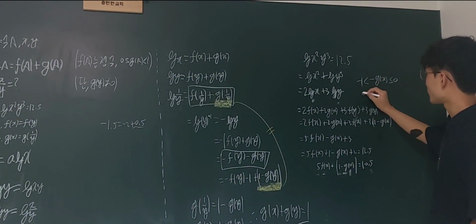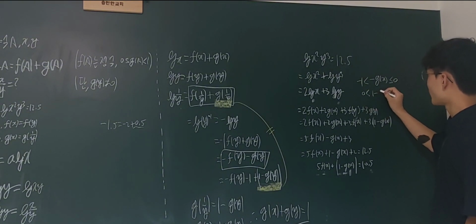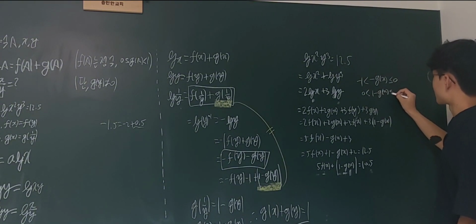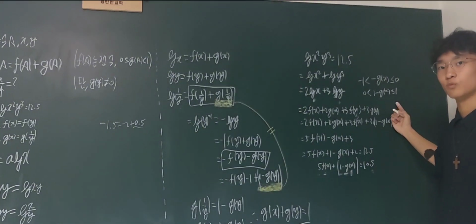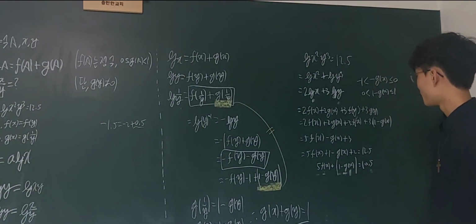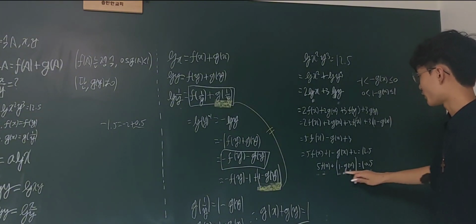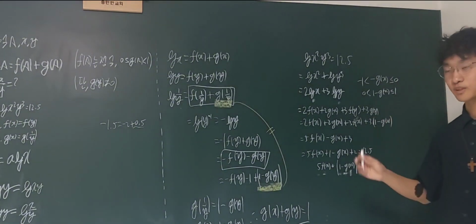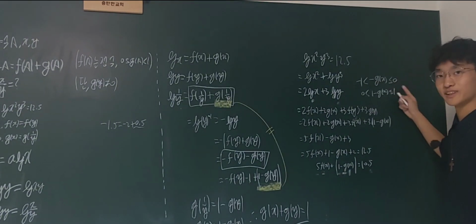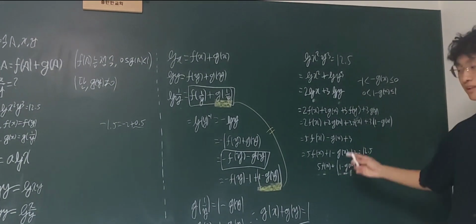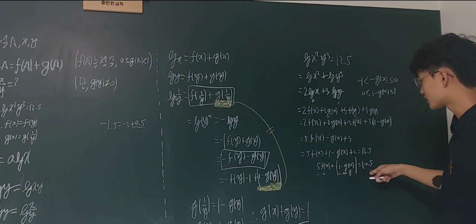When I add 1, it is greater than 0, but less than or equal to 1. So it might be 1, or 0 point something, but it doesn't make sense when it's 1, so we can conclude that this is just the decimal part of this number.